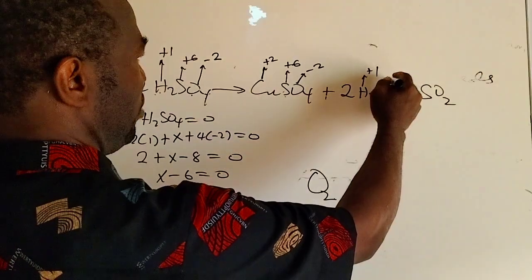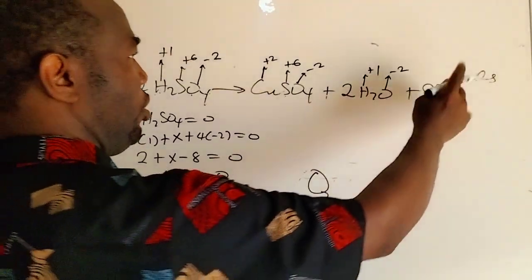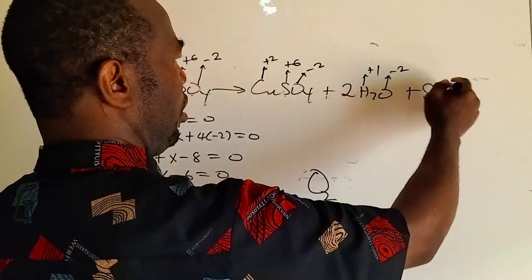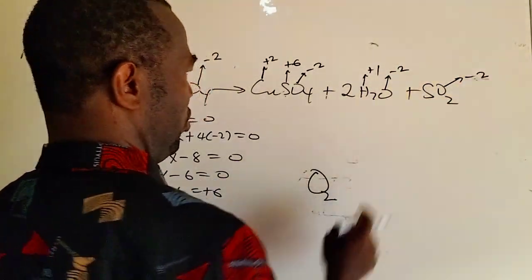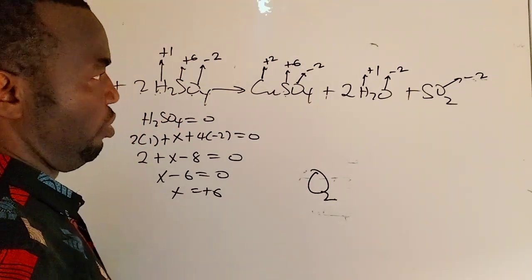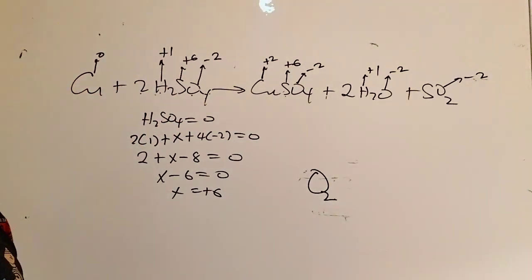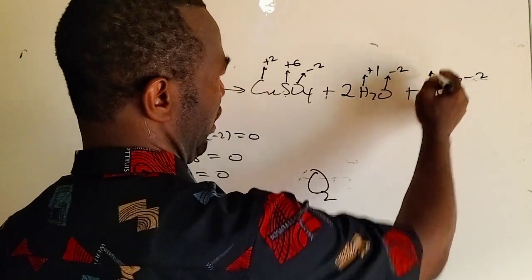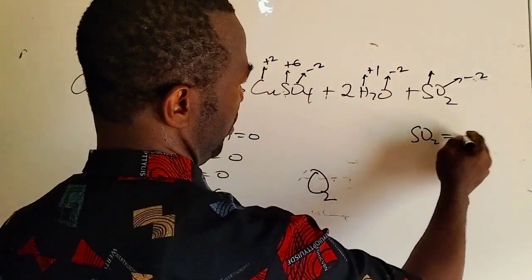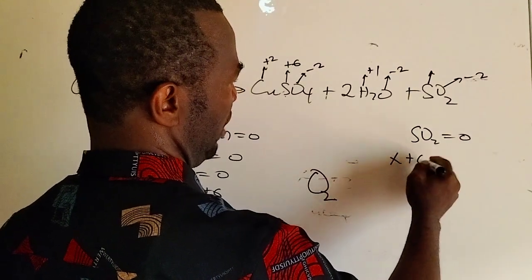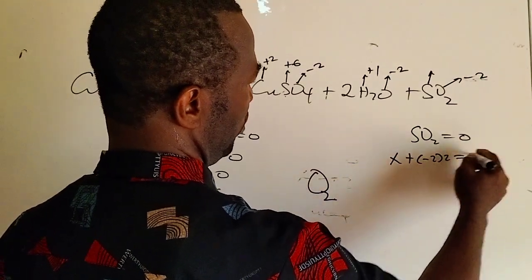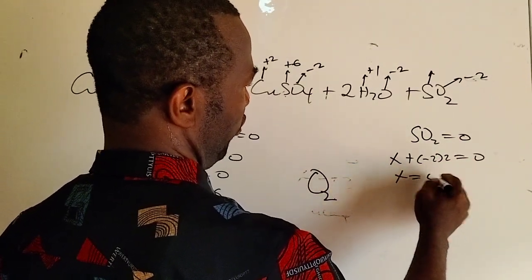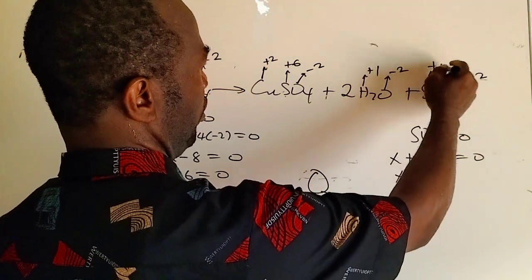Oxygen is constant, which is minus 2. Coming to this one, oxygen has a fixed oxidation state, in almost all its compounds minus 2, except in peroxides. Then sulfur here, SO2 equal to 0. S plus minus 2 times 2 equals 0. S equals 4, crossing over, plus 4.